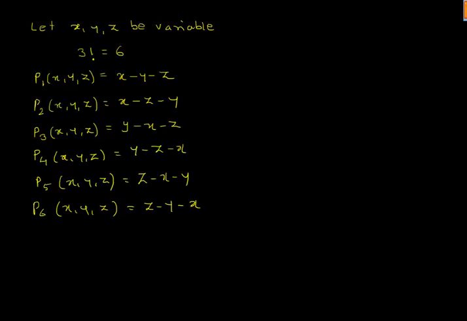But if we observe these 6 polynomials, just see, these two polynomials are equal. That means P1 is equal to P2. These two polynomials are the same. Therefore, P3 is equal to P4. And these polynomials also give the same answer. Therefore, P5 is equal to P6.